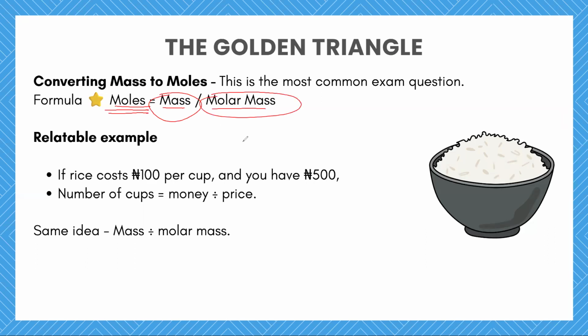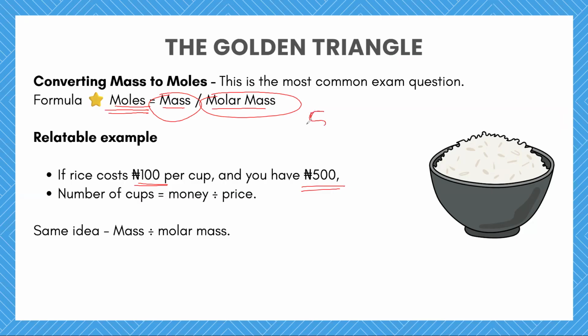Now, here's a relatable example. A majority of people who'd be watching this video actually enjoy rice. So if a cup of rice costs, let's say, 100 naira per cup and you have 500, and I say, hey, how much would you be able to buy using the money that you have?